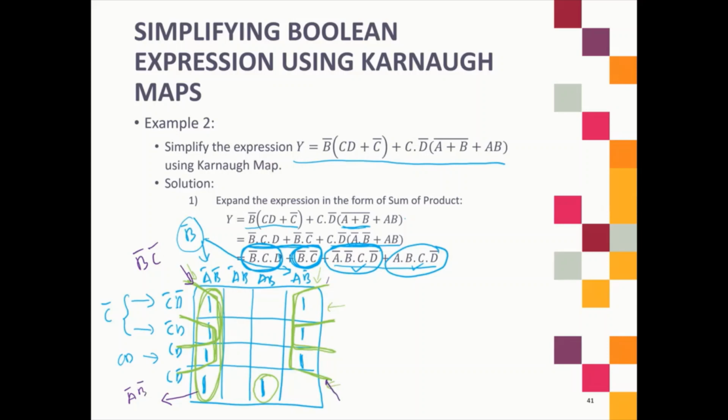And then this looping is B bar and D. And the last one is A, B, C, D bar. Okay, so lastly you combine using OR. So you will get B bar and C bar plus A bar and B bar plus B bar and D plus A, B, C, D bar.